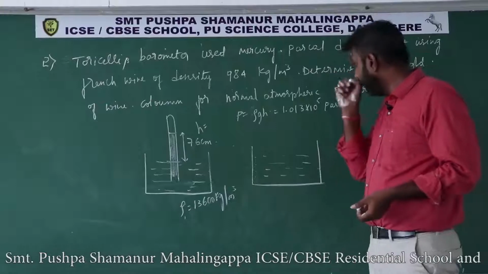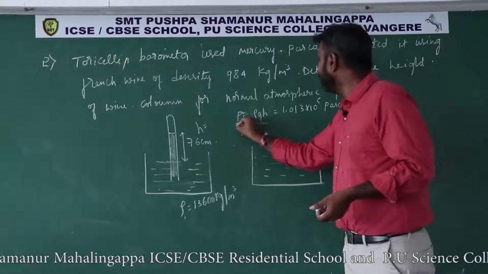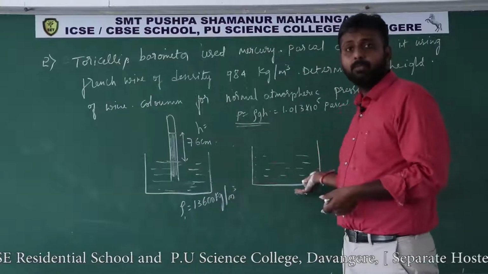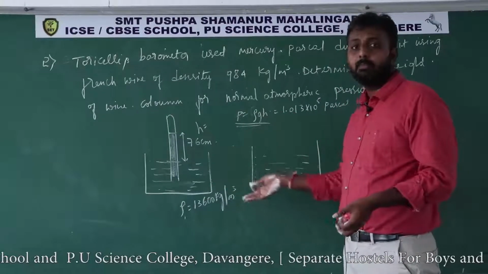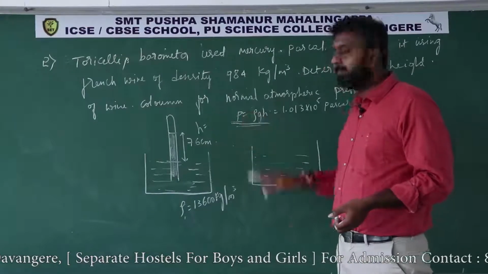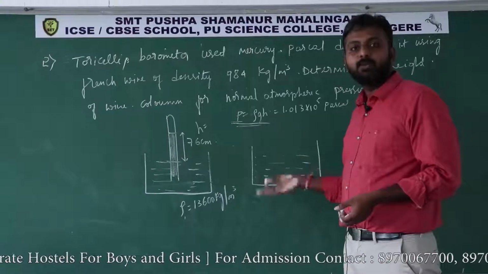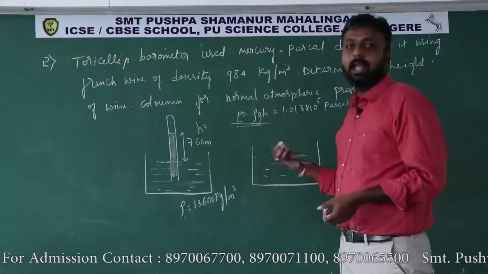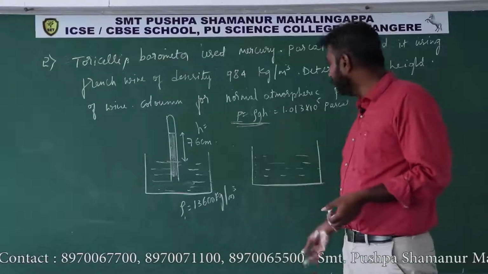Why? Because if we calculate P equals rho g h, whether we use wine or mercury, whatever it may be, the atmospheric pressure should be the same, right? Atmospheric pressure should be the same means P should be constant. That is rho g h should be constant. And g, acceleration due to gravity, should also be constant.